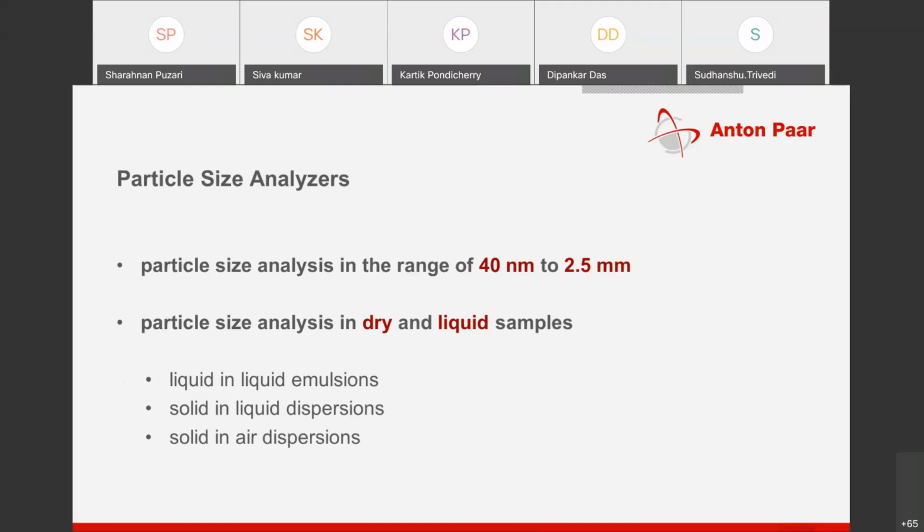So basically, if you want to measure the dry sample as dry, then you can choose the dry option. And if you have any other samples, you can disperse them in a liquid medium, and then you can analyze the sample. So particle size systems basically come in two formats, dry and liquid.